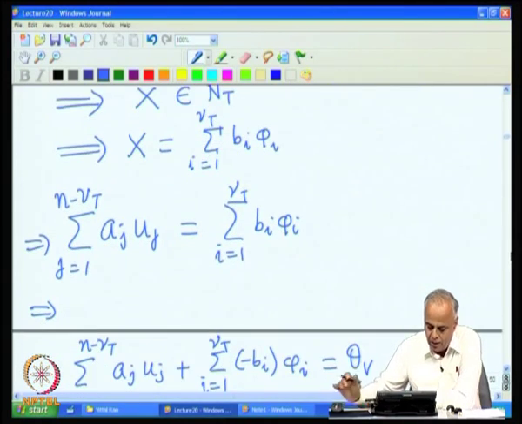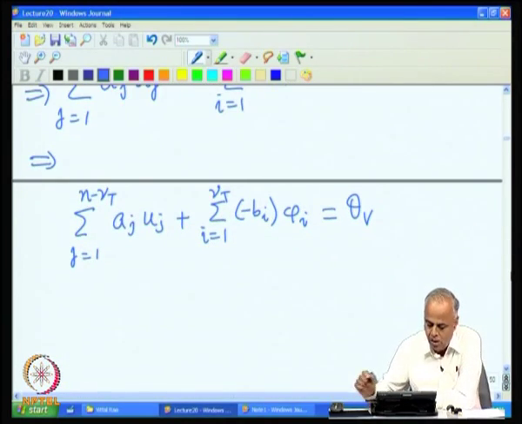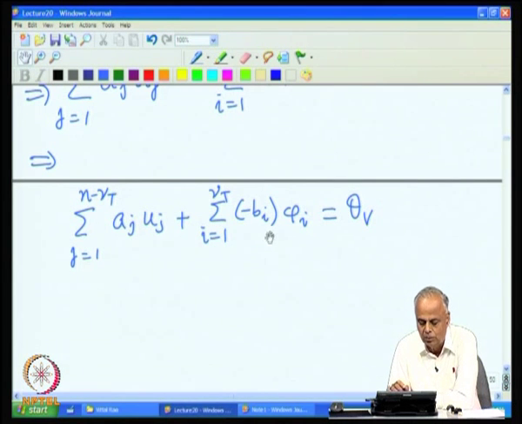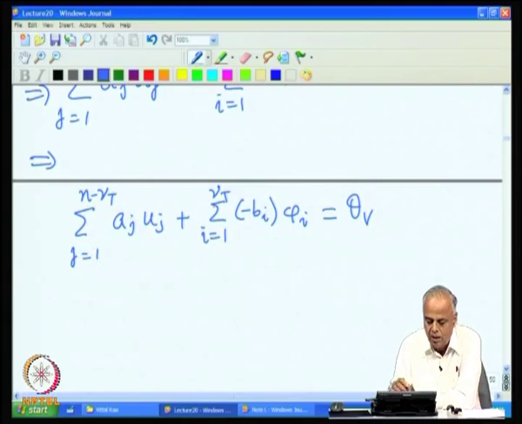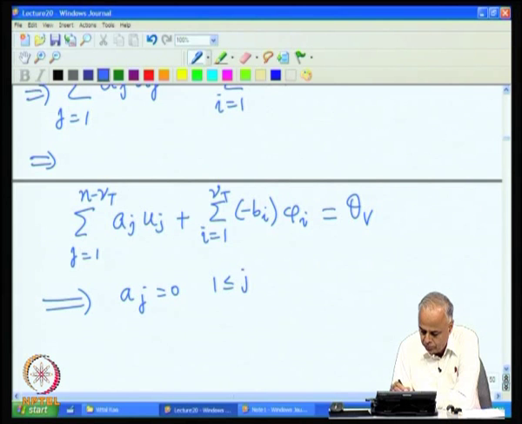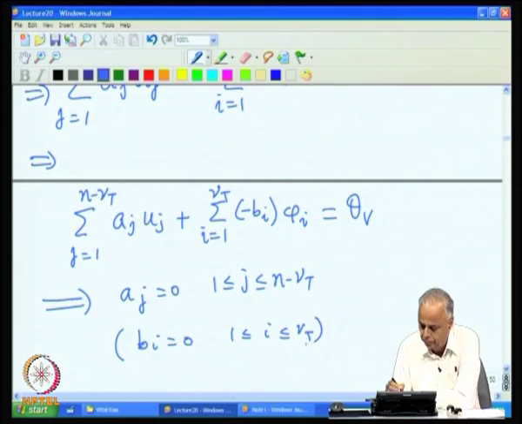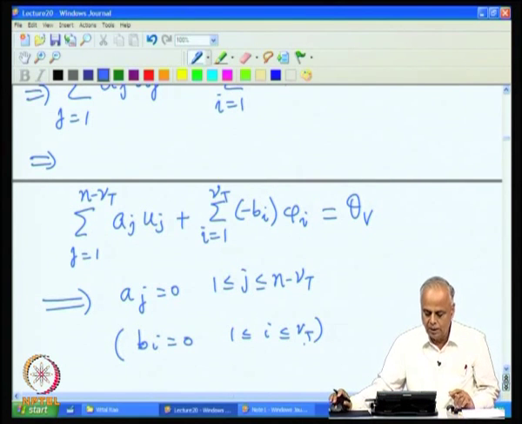We have here a linear combination of the u vectors and the phi vectors to be 0, and since these are linearly independent, we get the a j's to be equal to 0, and we also have the b i's to be equal to 0 for 1 less than or equal to i less than or equal to nu t.